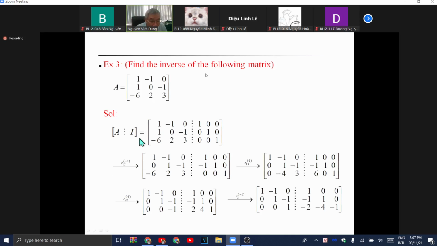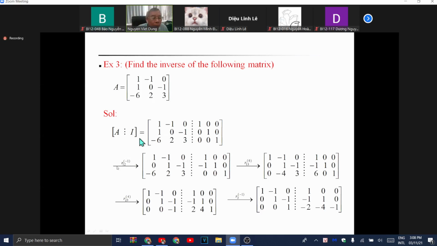Now suppose that A is that one. In the first step, I write the identity matrix I on the right side of A. We begin the Gauss-Jordan elimination with this operation.